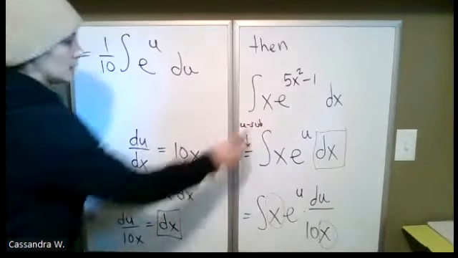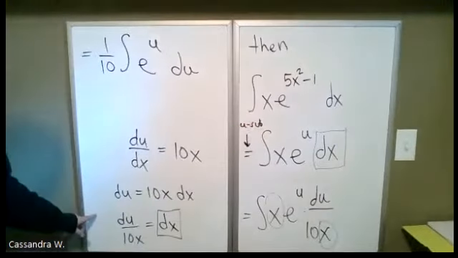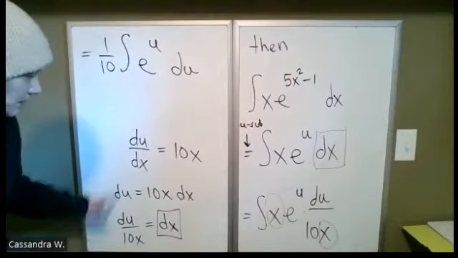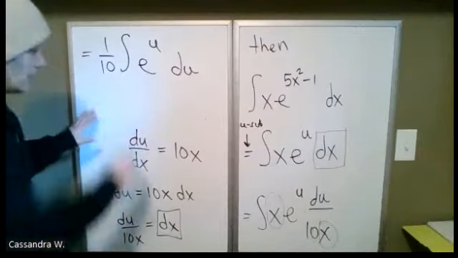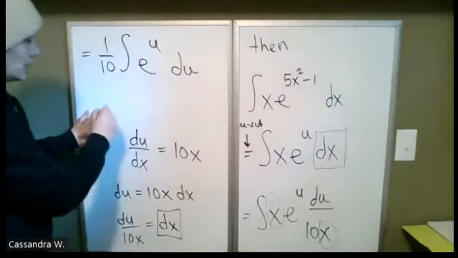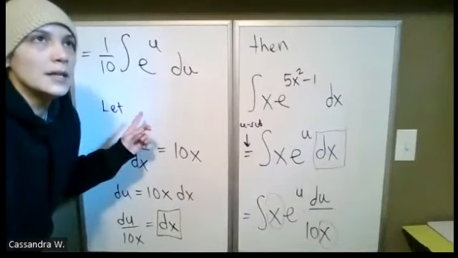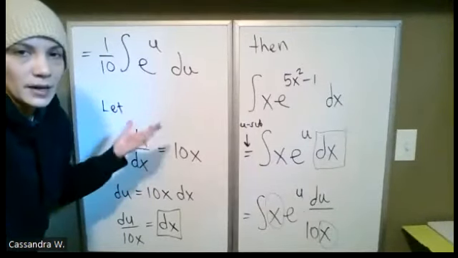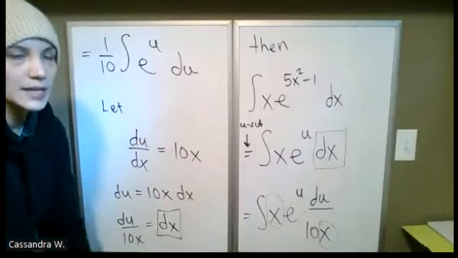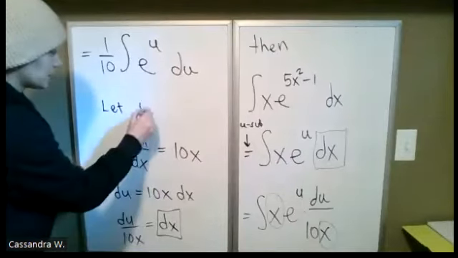Wait, so the 5x squared minus 1 just becomes u? Yeah, we just picked that exponent to be u, or chose that as our substitution.